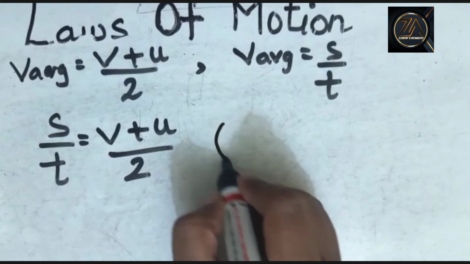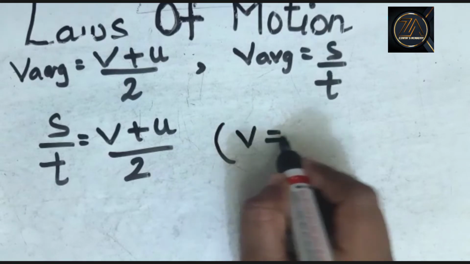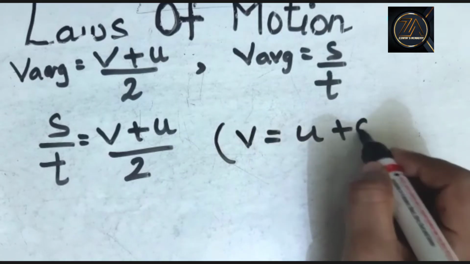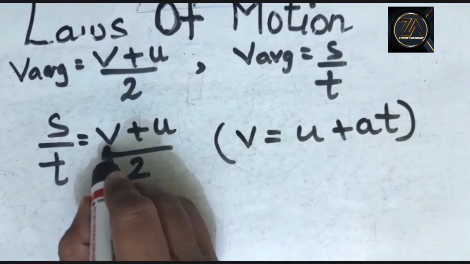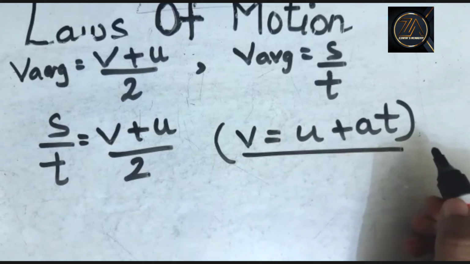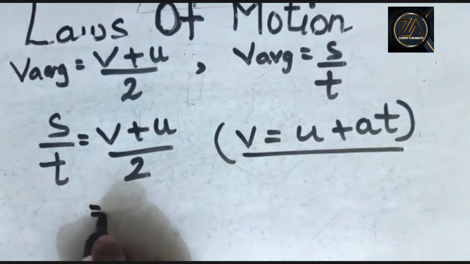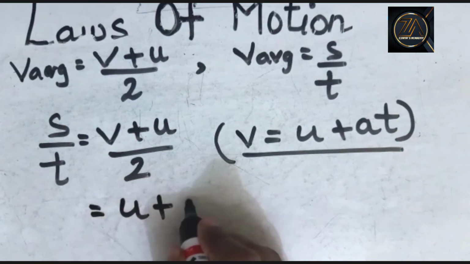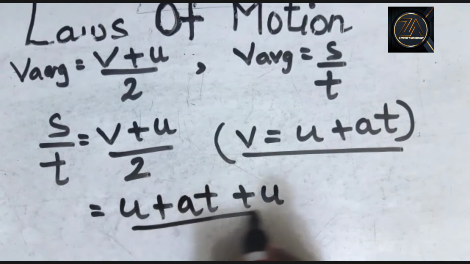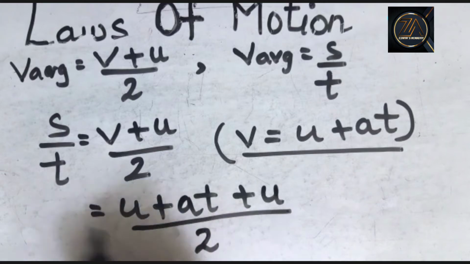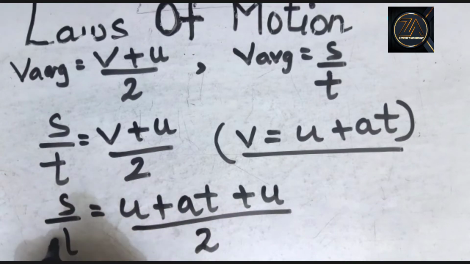Now remember our first equation of motion, which is v equals u plus at. So now we are going to substitute this first equation of motion here. So what are we going to get? u plus at plus u upon 2, and this remains the same.